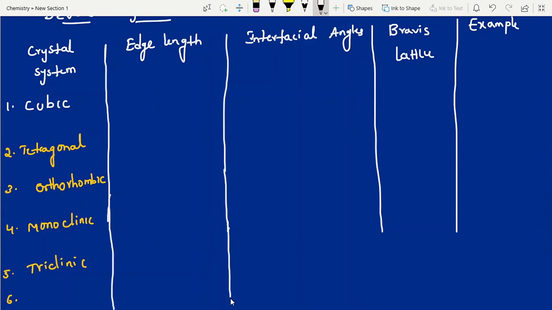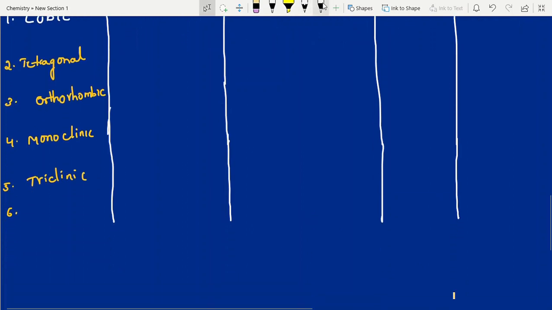You can adjust with this line, students. Now tell me the sixth one, anyone? Sixth one is rhombohedral.